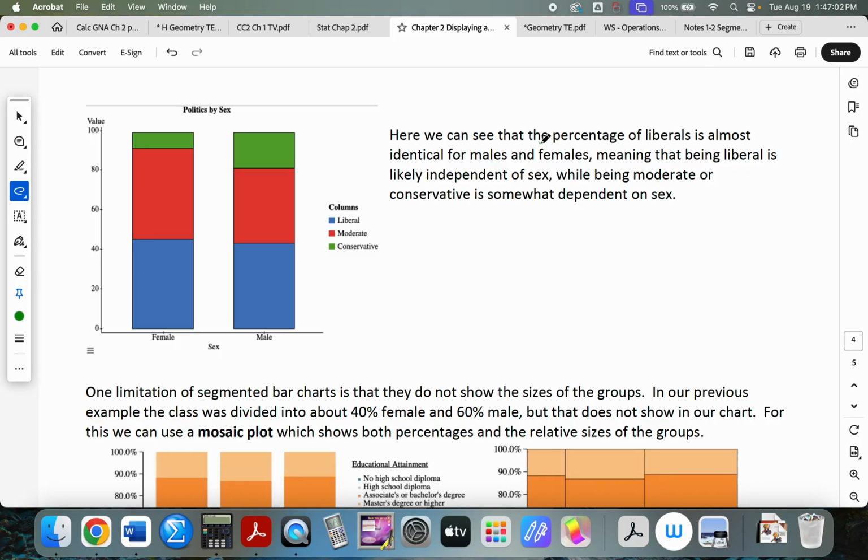Again, later on in this year, we'll have a way of testing that numerically, but that's not for a long time. So that means that being liberal is likely independent of sex, while being moderate or conservative is at least somewhat dependent on sex.